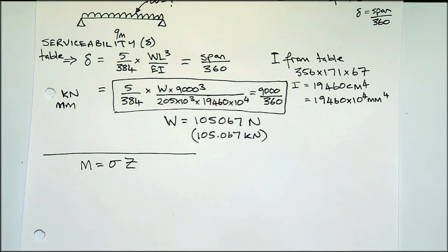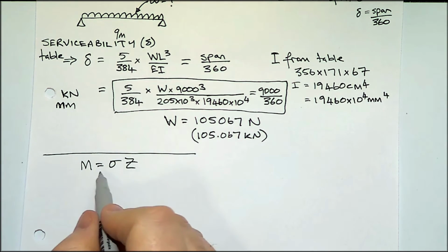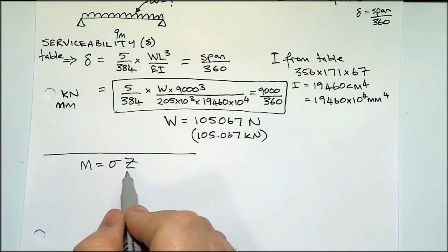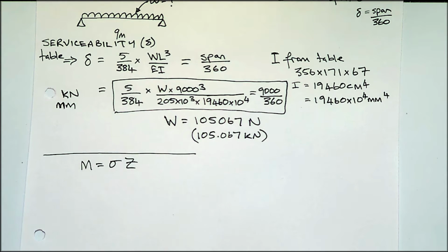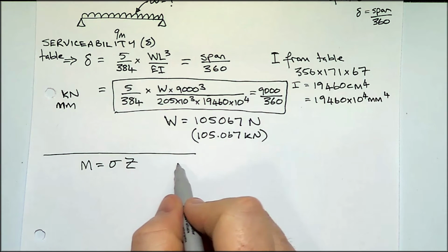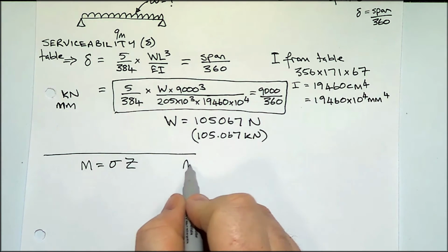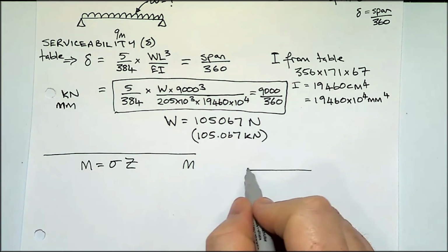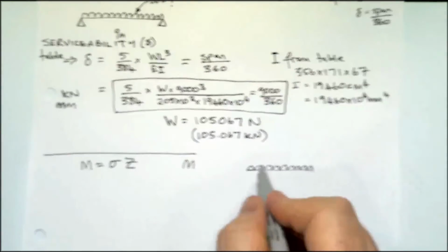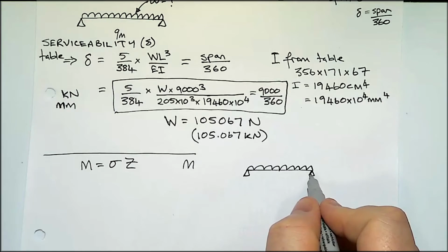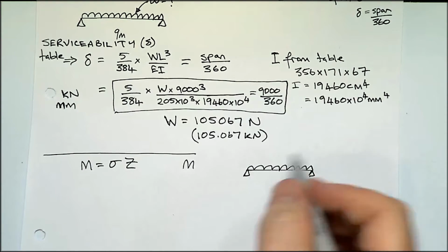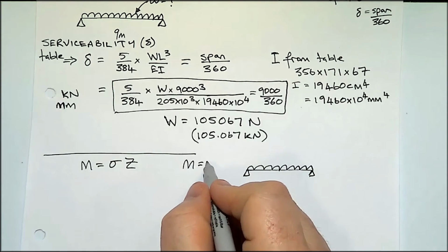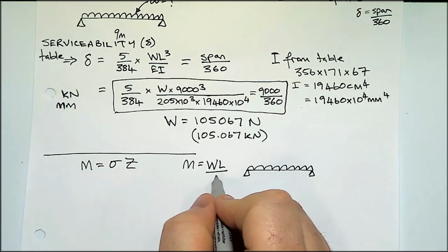So you've got your internal moment is stress times by the Z value, and if you look in your tables at what the maximum moment is for a UDL simply supported, it's WL over 8.